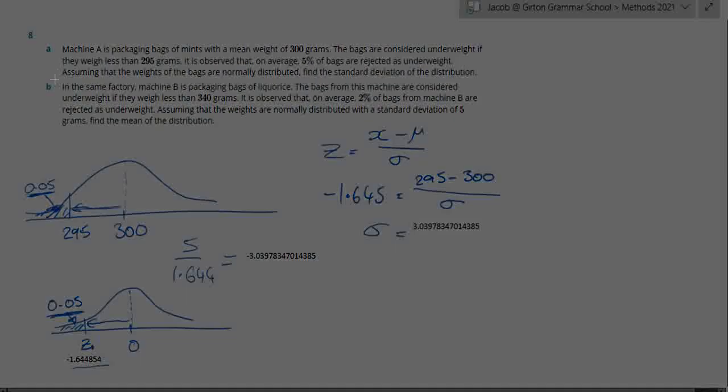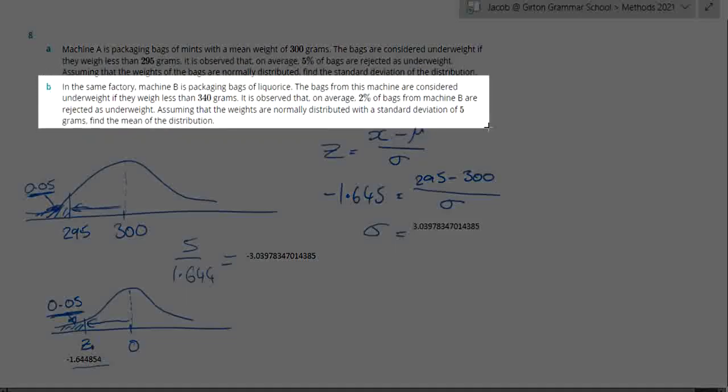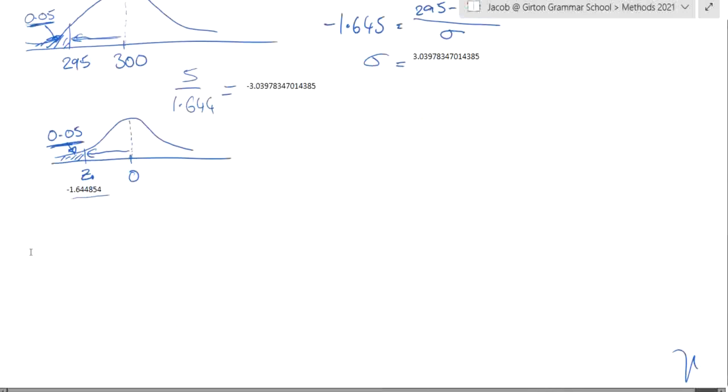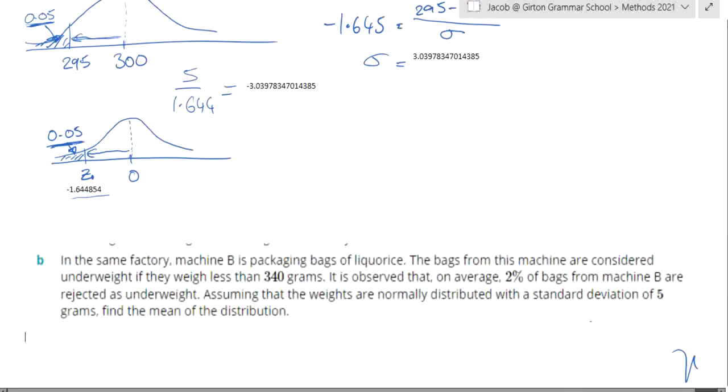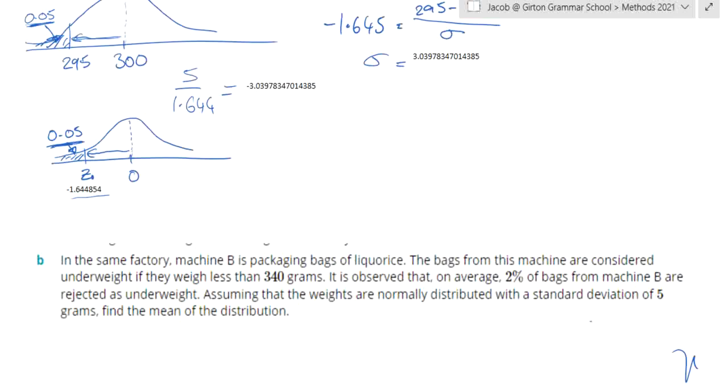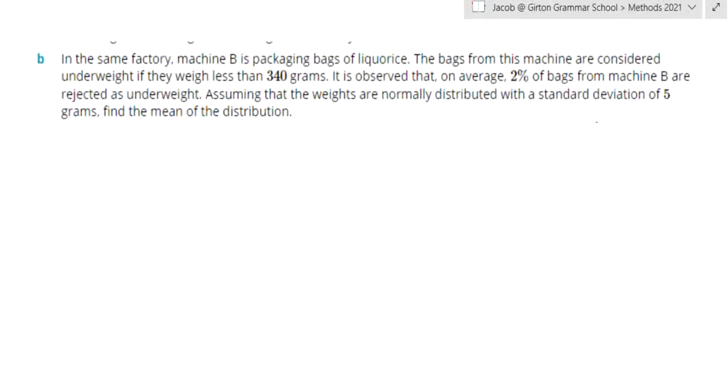Alright, now, so question B. So basically the same question, but we're being asked to find the mean instead of the standard deviation, but the process is exactly the same. So on our new distribution, we have underweight at 340, and that is now 2%.